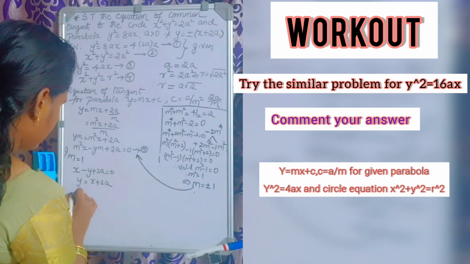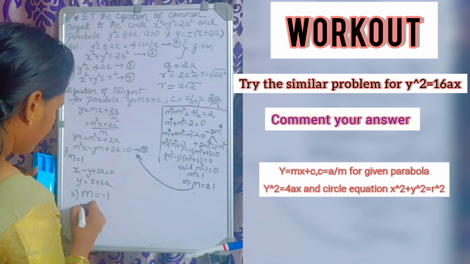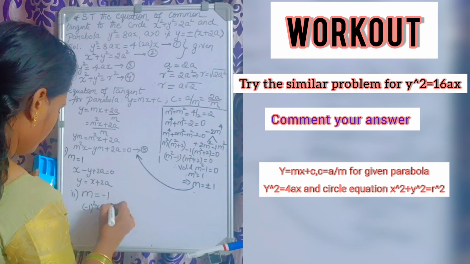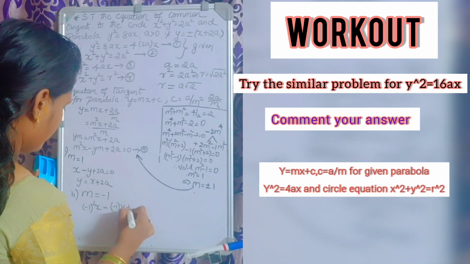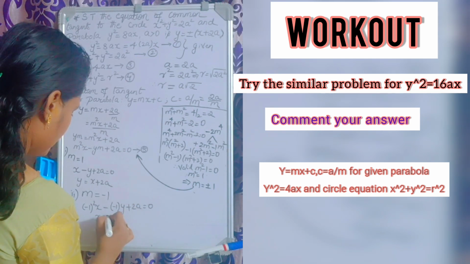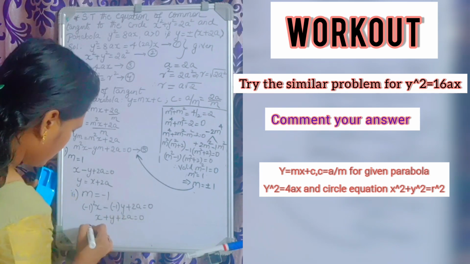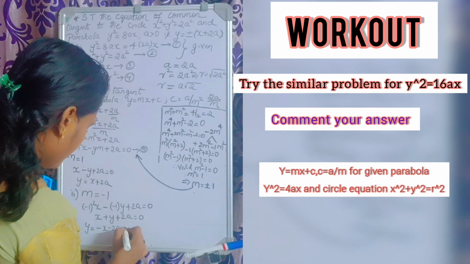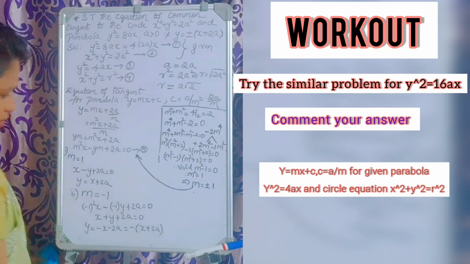And second case, if m is equal to minus 1, you will get x plus y plus 2a is equal to 0, or y is equal to minus x minus 2a, which is equal to minus of x plus 2a.